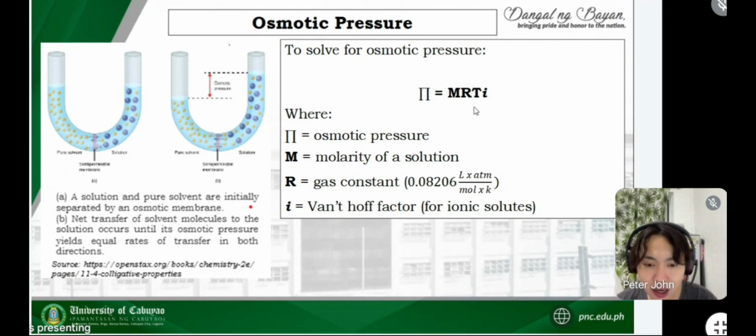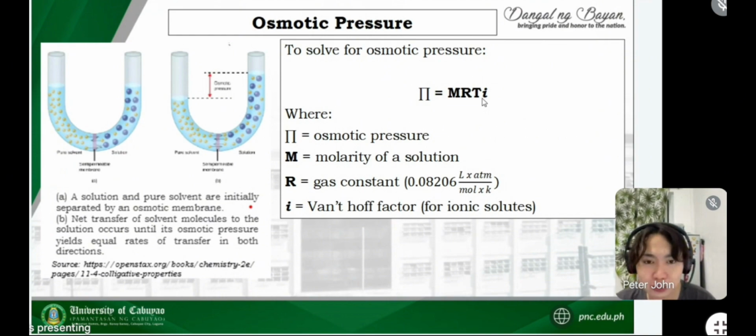R is the gas constant. As you can see, class, normally, the unit is 0.08206 liter times atm over mole times Kelvin. So, constant na yan lagi. Then, we have T. T stands for the temperature.